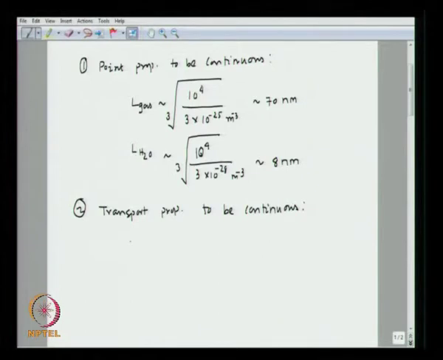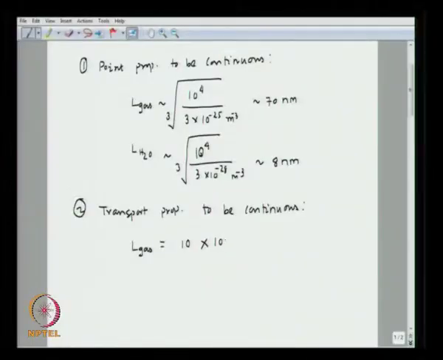So in that case the L gas would be 10 times the distance the gas molecule would travel, which is about 100 nanometer is the separation distance. So 10 into 100 nanometer, which is about 10 to the power minus 6 meter.